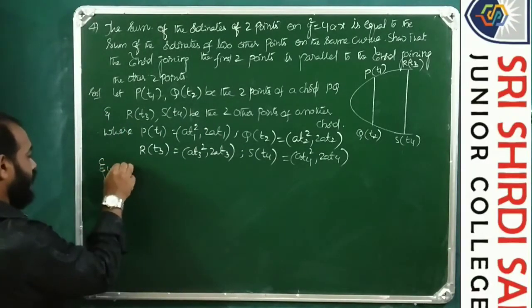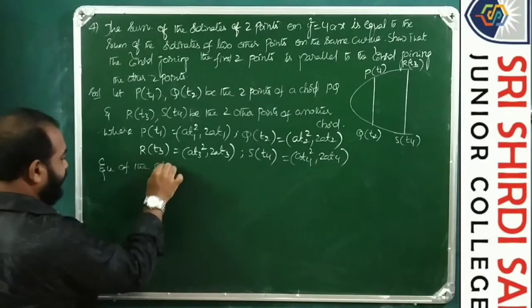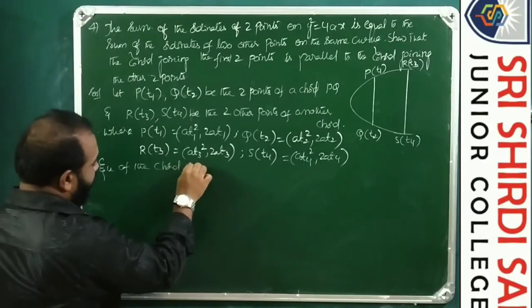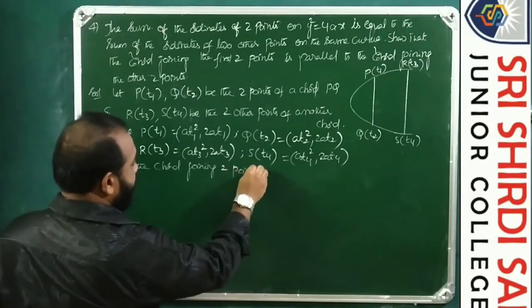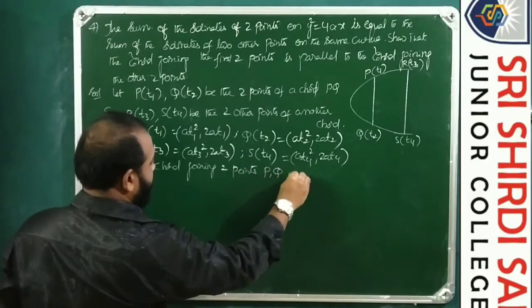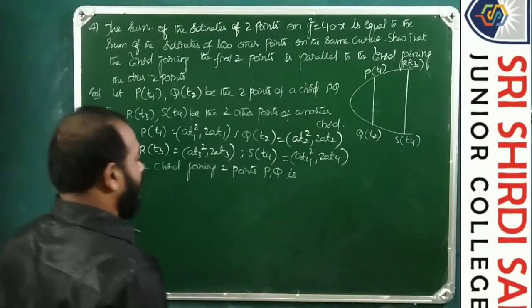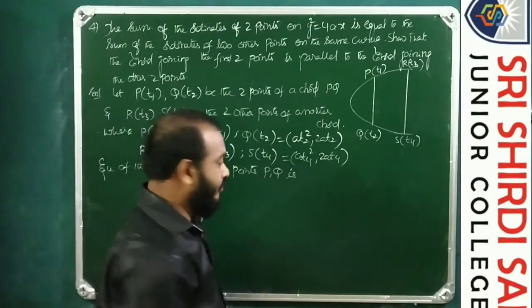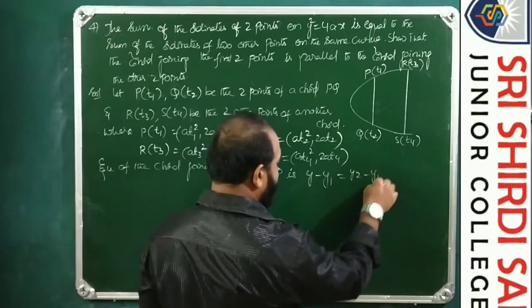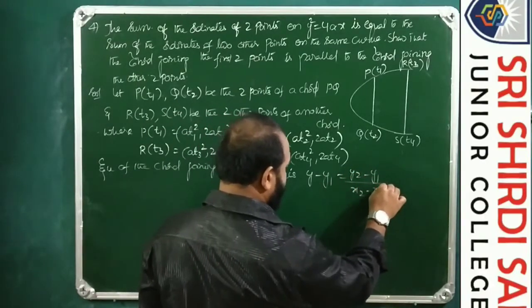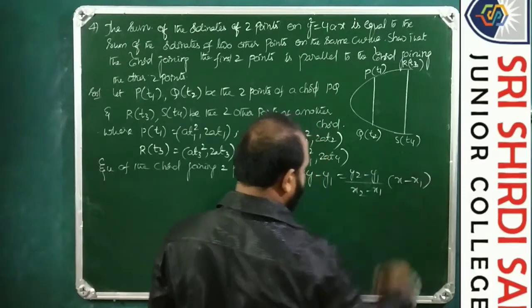Equation of the chord joining 2 points P comma Q is, by the 2 points form, y minus y1 equals y2 minus y1 by x2 minus x1 into x minus x1.